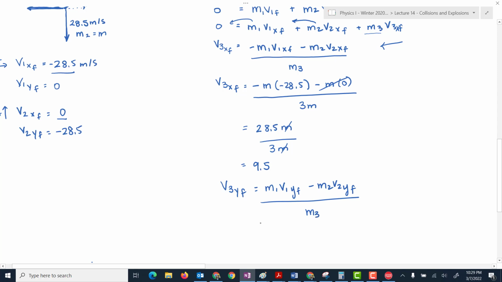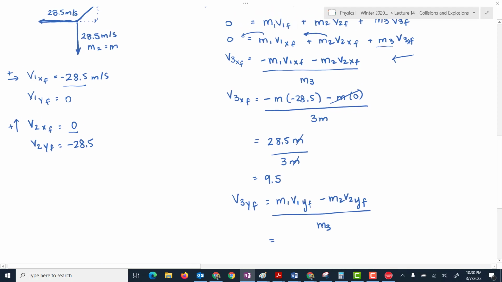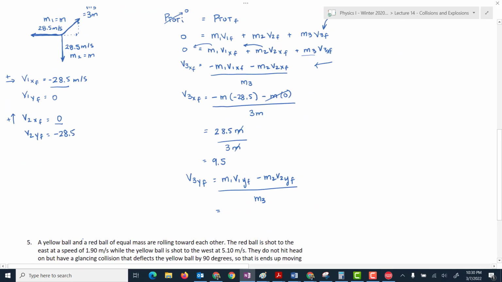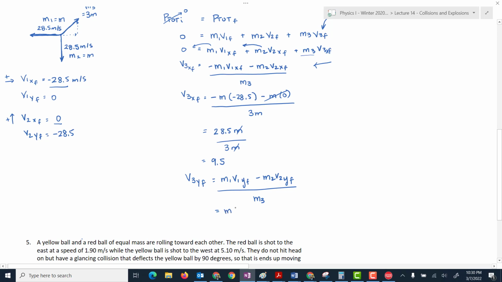So now we can just plug in the things that we know. m1, again from before, is just m. v1y final is over here, 0, minus m2, which is also m, v2y final over here, negative 28.5, over m3, which is 3m.